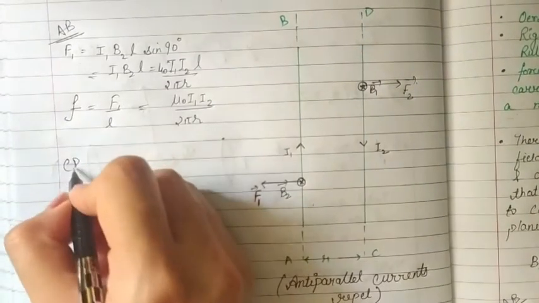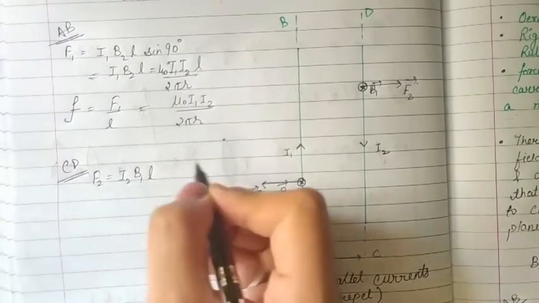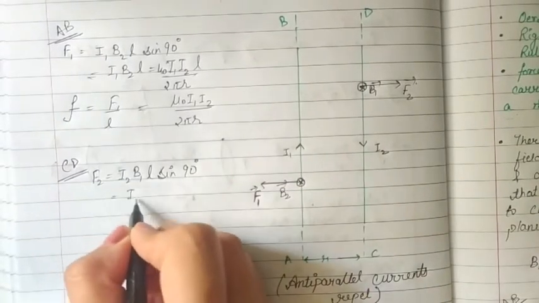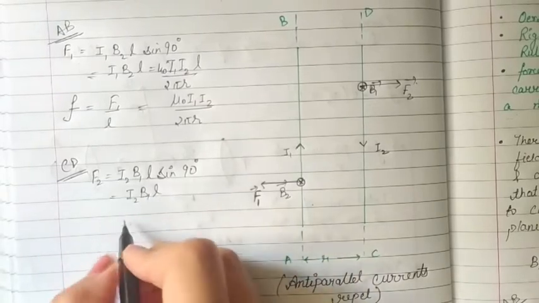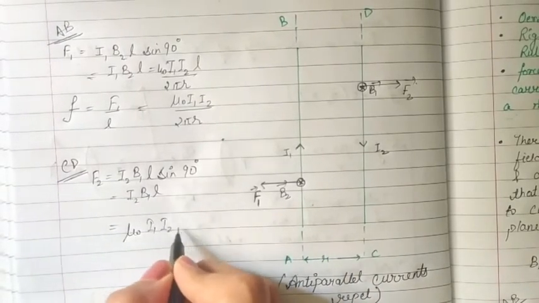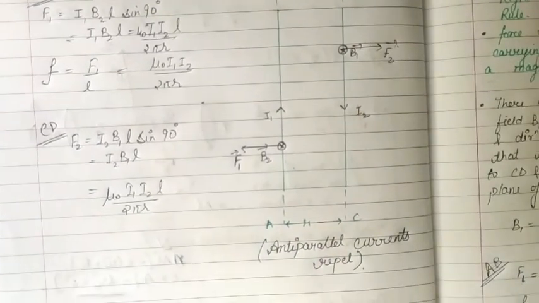For CD again, F2 is equal to I2 B1 L sine 90, which is I2 B1 L, and if we put the value of B1 then we get mu naught I1 I2 L upon 2 pi r. This is the force acting on the second conductor.